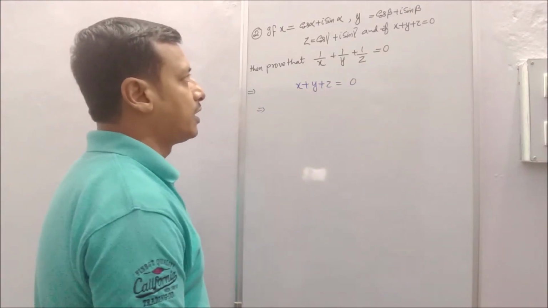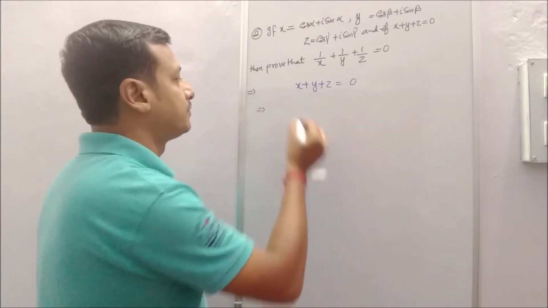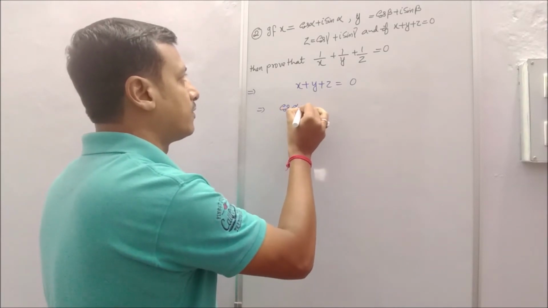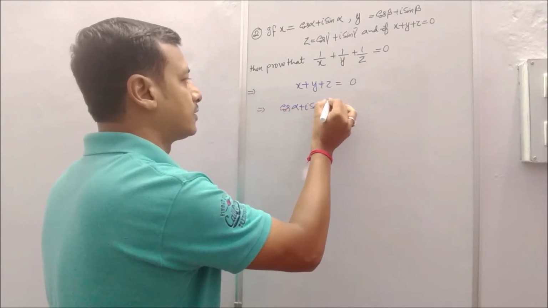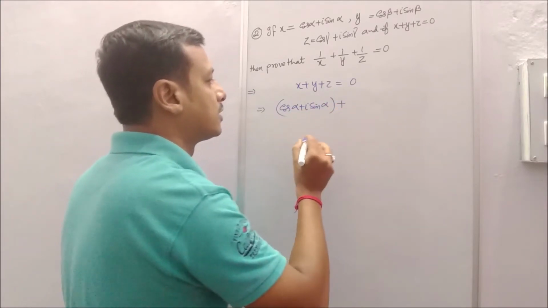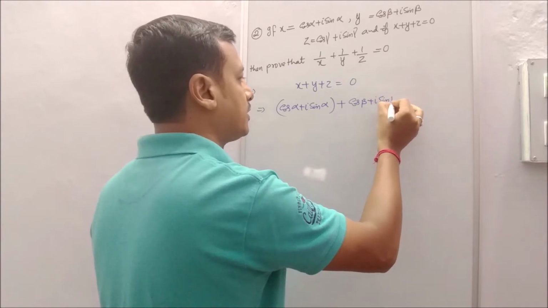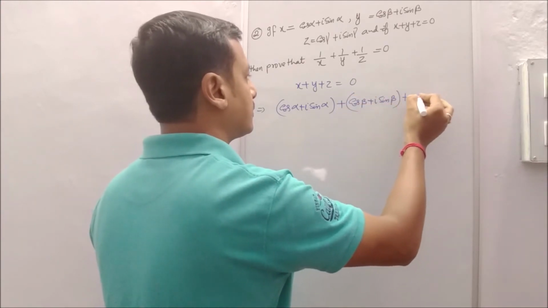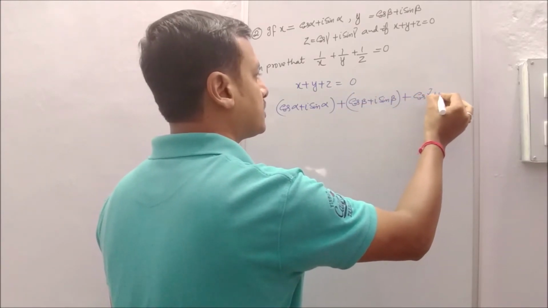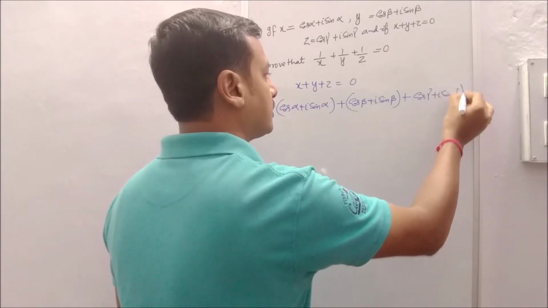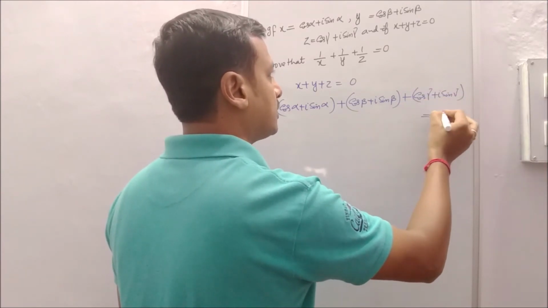Now substituting the value of x, y and z, (cos alpha plus I sin alpha) plus (cos beta plus I sin beta) plus (cos gamma plus I sin gamma) is equal to 0.